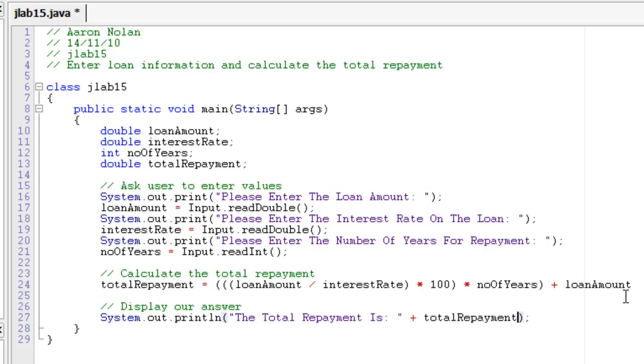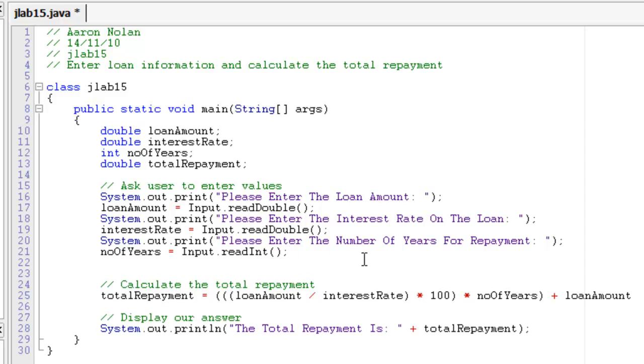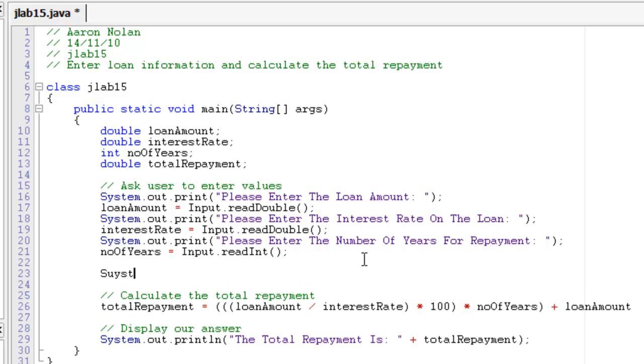So that's the whole thing finished in 4 variables pretty much. I'm just also going to do, after all this, a blank line. System.out.println, and that is just simply a blank line.